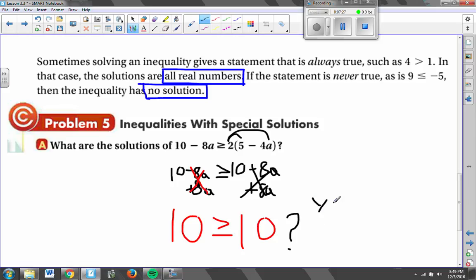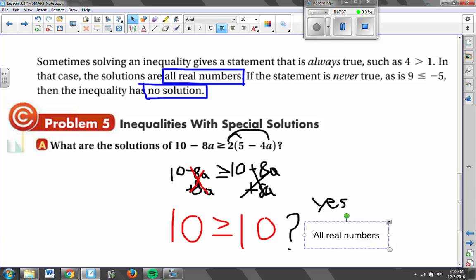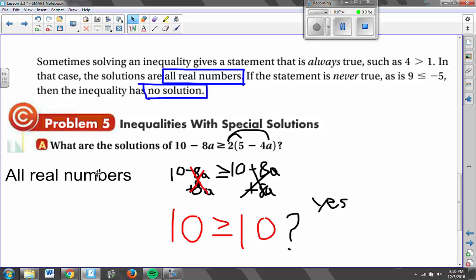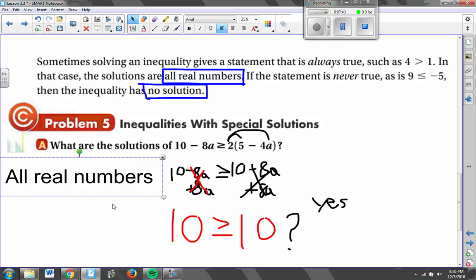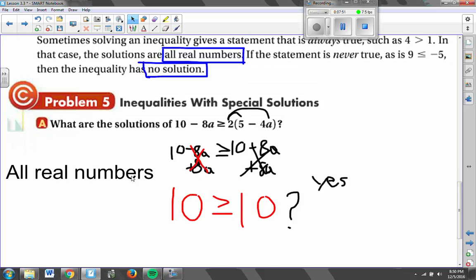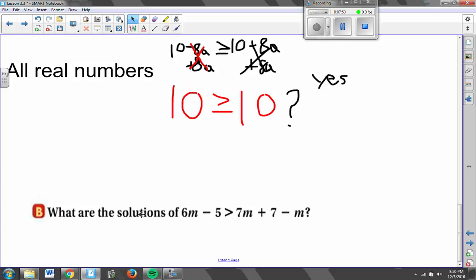So we say yes, which means the solutions to this inequality are all real numbers. Okay, that's my answer. What are the solutions of this? All real numbers. Any number will work. Any possible number you could put in will work here. All real numbers.